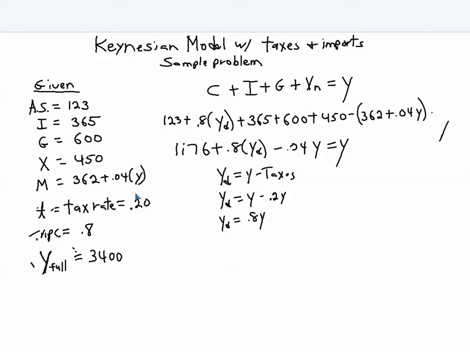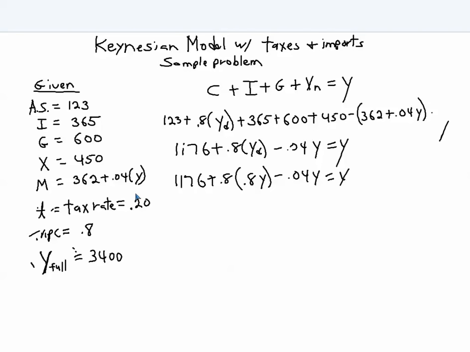Okay, so now I'm going to erase that so I can have the space. So I know that YD is equal to 0.8 y, so I have 1176 plus 0.8 times, now instead of writing YD, I'm going to write what it is, which is 0.8 y, minus 0.04y equals y.